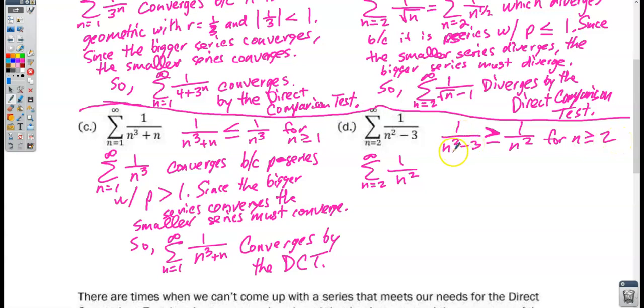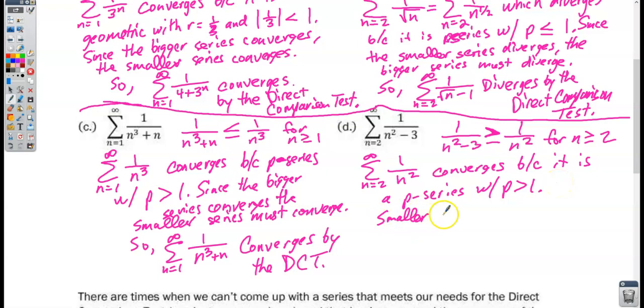So we're hoping right now that this series diverges, since it's smaller than the one we're comparing it to, so that the original diverges as well. Unfortunately, this converges because it is a p-series with p greater than 1. The smaller series converges, so DCT is inconclusive.